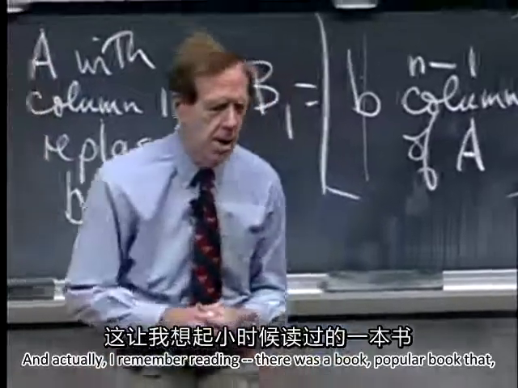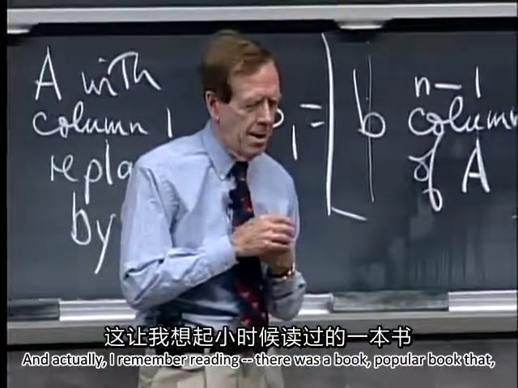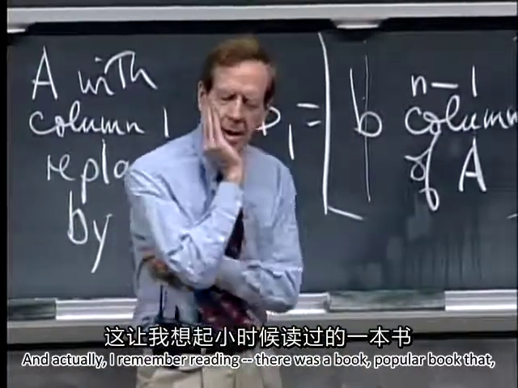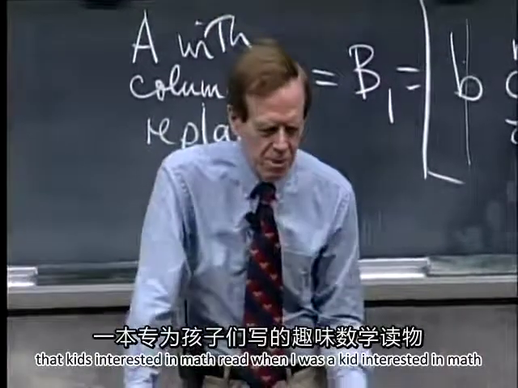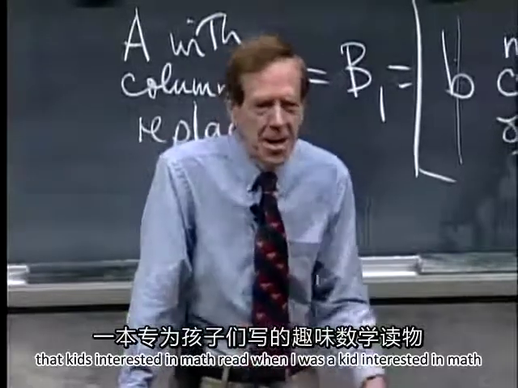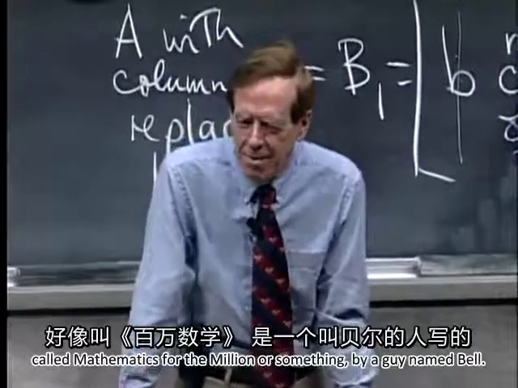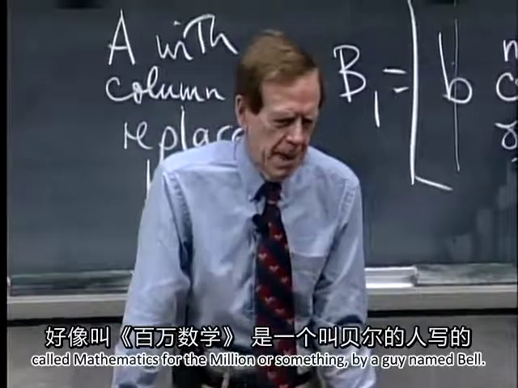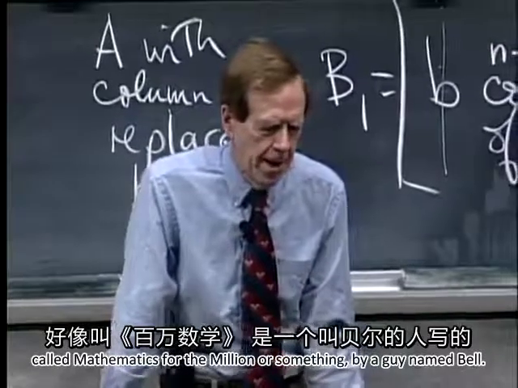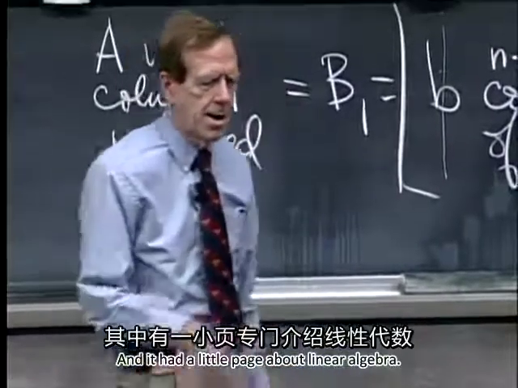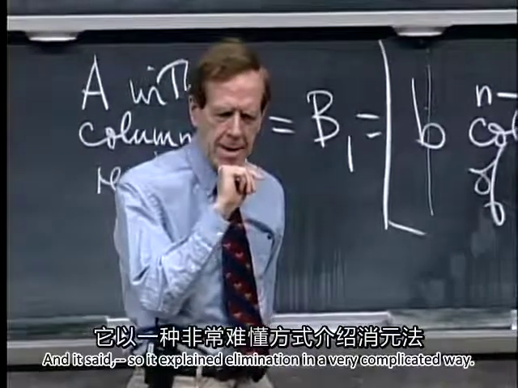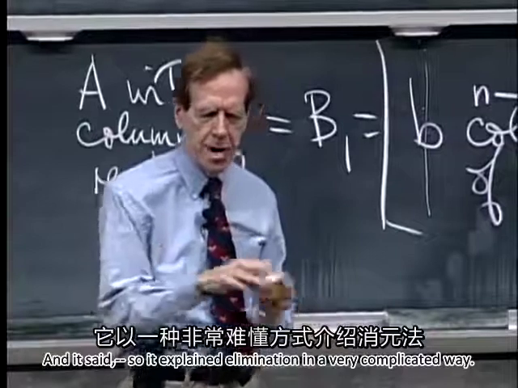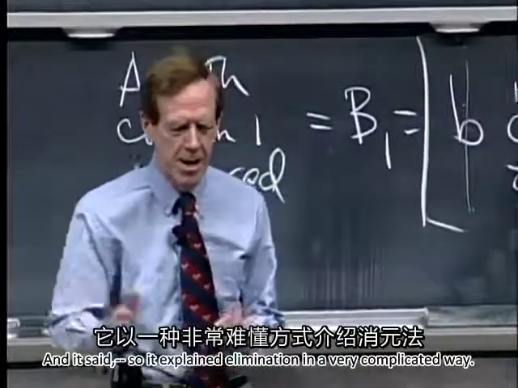And actually, I remember reading a popular book that kids interested in math read when I was a kid, called Mathematics for the Million or something, by a guy named Bell. And it had a little page about linear algebra. And it explained elimination in a very complicated way.